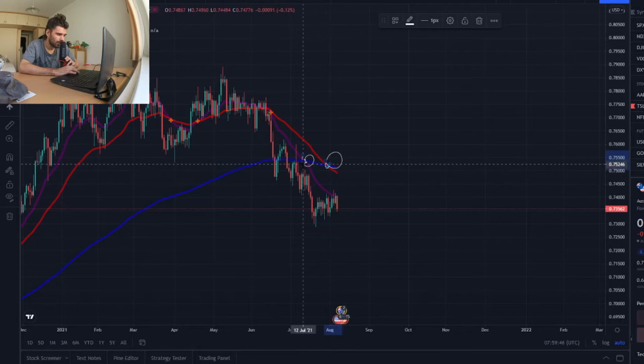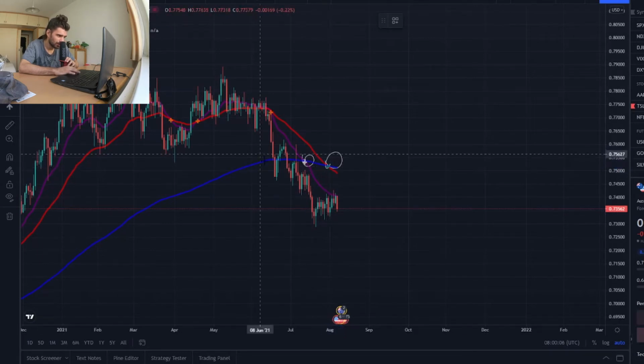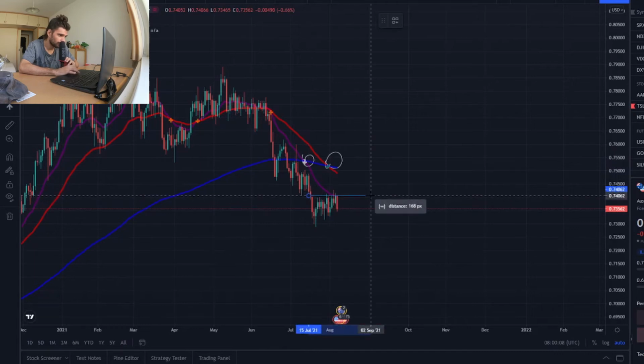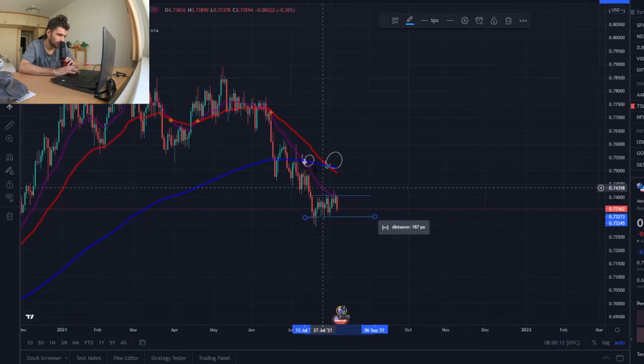Usually when this happens, after the first cross we saw quite a bit of bearish movement, but then between the 20-day EMA crossing the 200 EMA and the 50-day EMA crossing the 200-day EMA, we saw some kind of sideways movement. That doesn't happen always, but it does quite often after trend-changing momentum, or when some EMAs cross.